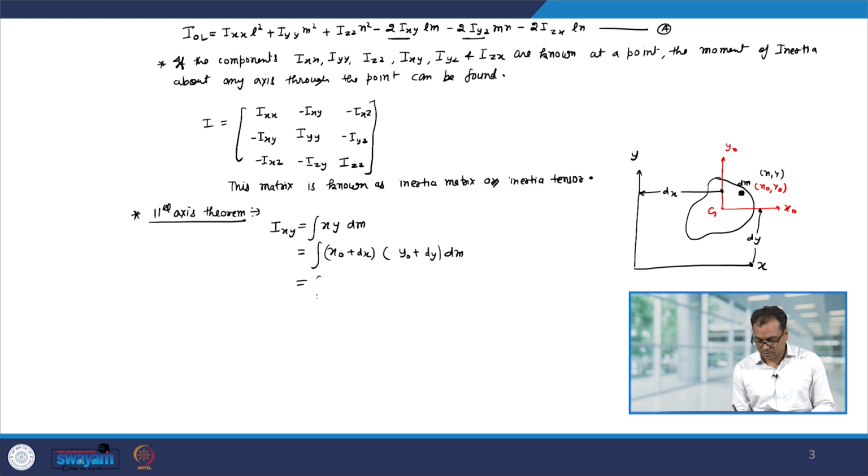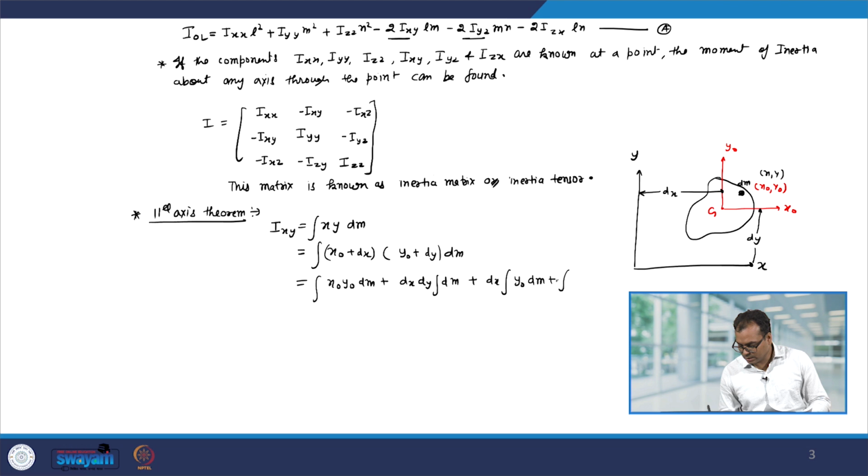So, this I can expand: integral x naught y naught dm plus dx dy integral dm plus dx integral y naught dm plus dy integral x naught dm. Okay. But note that this x naught and y naught, they are measured from the center of mass, therefore, integral y naught dm will be 0, it is the first moment. Okay. So, this and this will be 0 because that is the definition of the center of mass. So, therefore, I am left with integral x naught y naught dm.